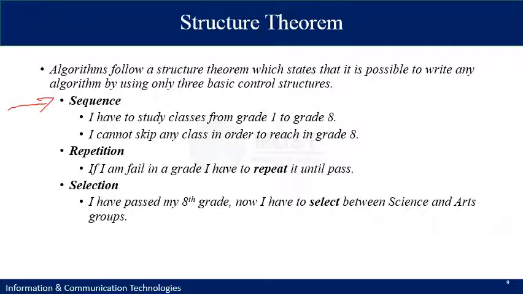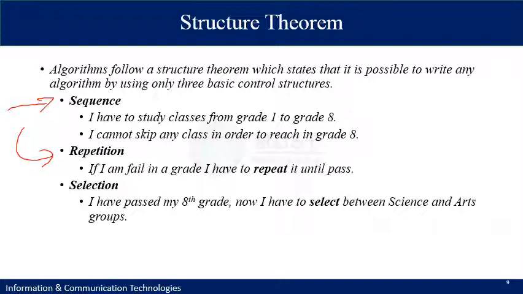That means, for example, if I have to study from grade 1 to 8, there is no skipping. You have to follow the sequence from grade 1, 2, 3, 4, 5, 6, 7, 8. I cannot skip any class in order to reach grade 8. There are some conditions in programs or problems that require repetition. That means you have to perform a task a number of times.